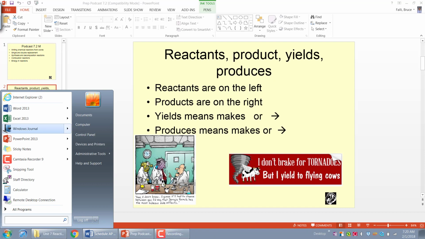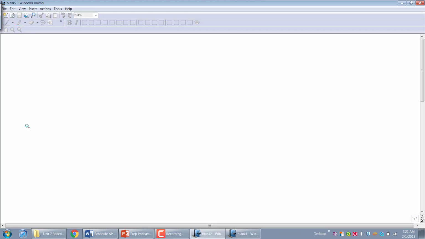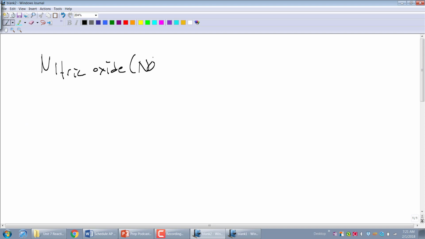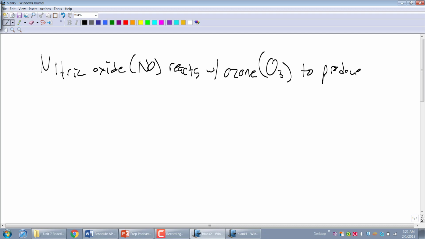If I have something that says nitric oxide, NO, this is the first question on your worksheet, reacts with ozone, and it tells you ozone is O3, to produce nitrogen dioxide and oxygen gas.